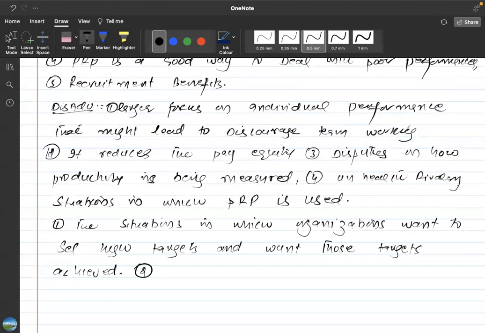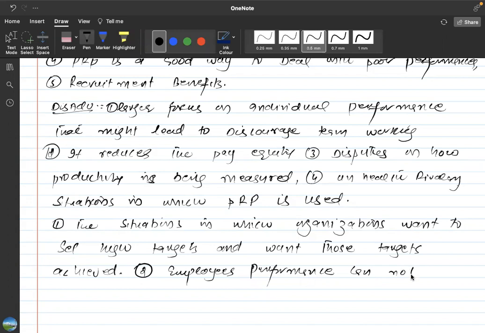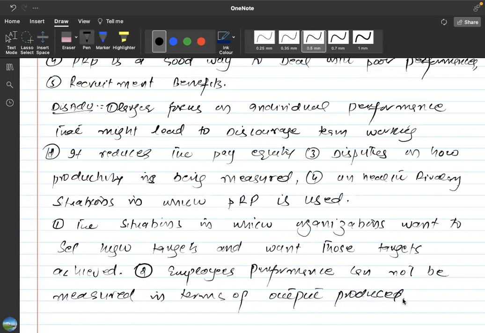Second, especially when employees' performance cannot be measured in terms of productivity, output produced or exact sales done. So these are the situations in which performance related payment can be used as the financial reward system.